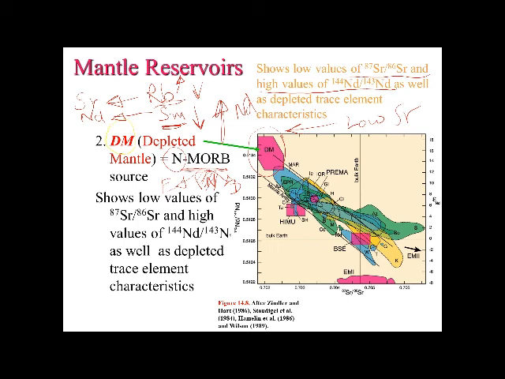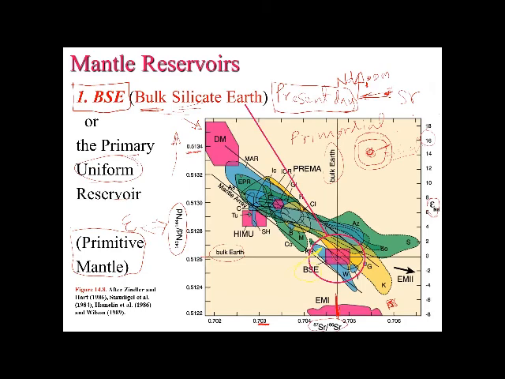Actually, it's a small difference in terms of isotopic compositions, where you see here a bigger diagram. The MORB composition, the mid-ocean ridge basalt composition, is represented by this green region.